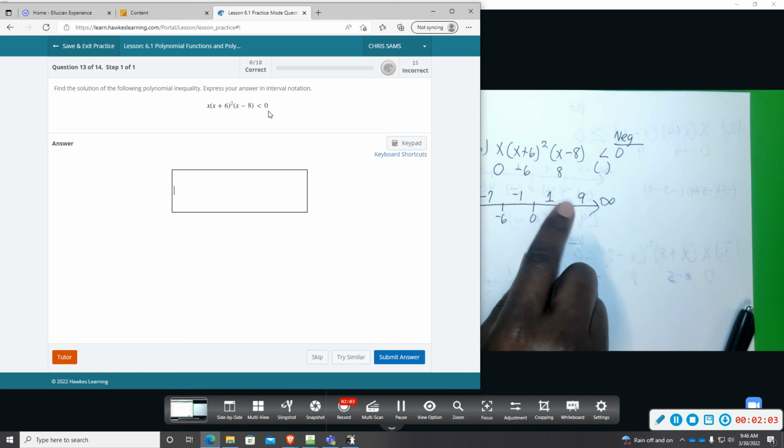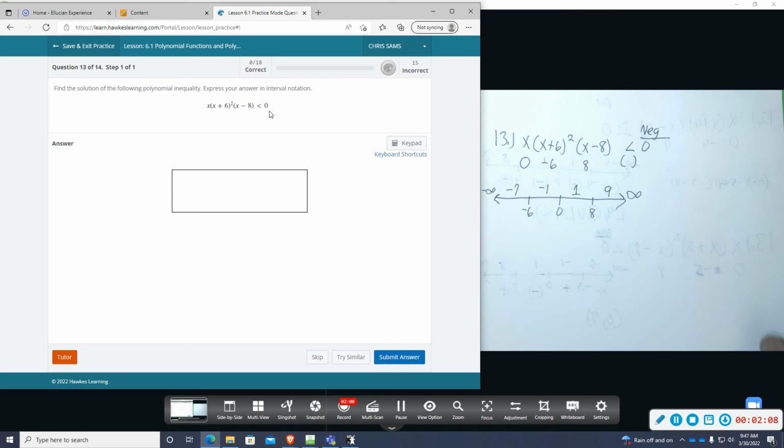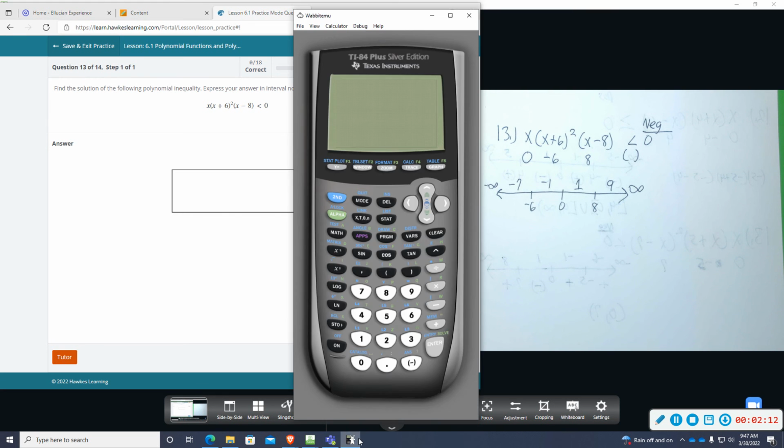All right, so I'm just going to let the calculator do all of this for me. I'm sorry, this is going to cut off a little bit. I'm just going to pull up the calculator, turn it on, and go to y equal, clear out what I have, and type this expression: x, parentheses x plus 6 close squared, and then open x minus 8, and then close.